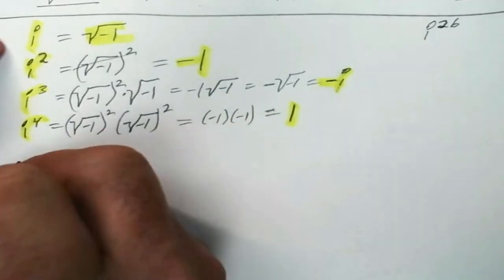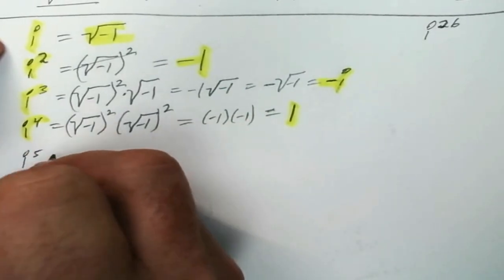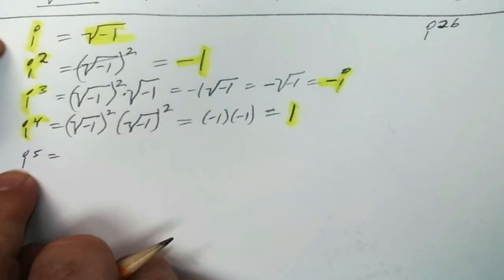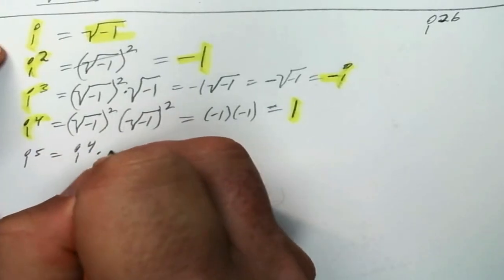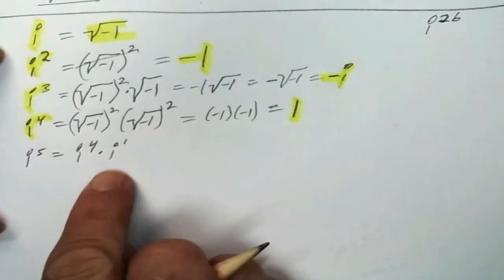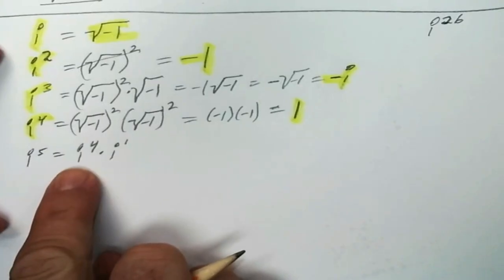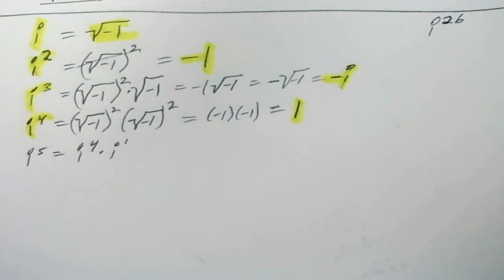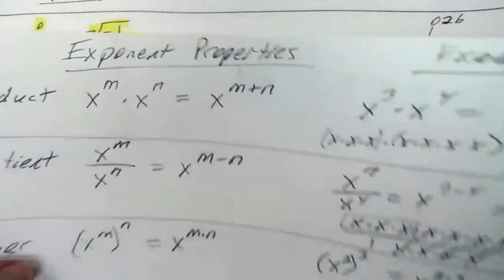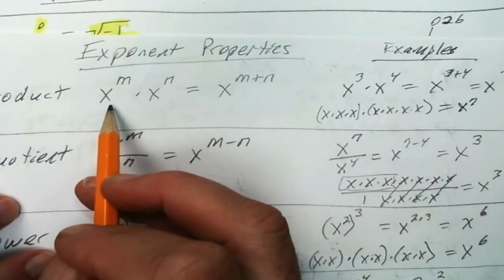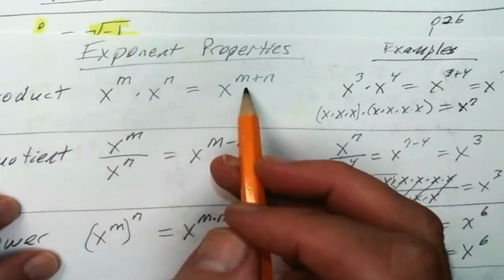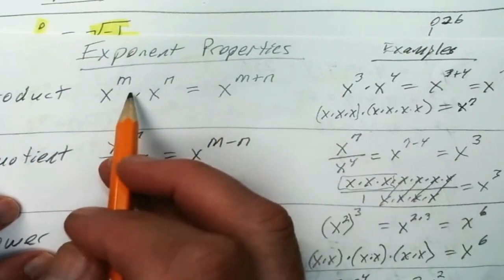Well, let's look at this. i to the fifth power. Let's go one more right here. i to the fifth is really the same as i to the fourth times i to the first, because if you remember our exponent properties that we looked at last week and the week before, you can add those together, the product property.